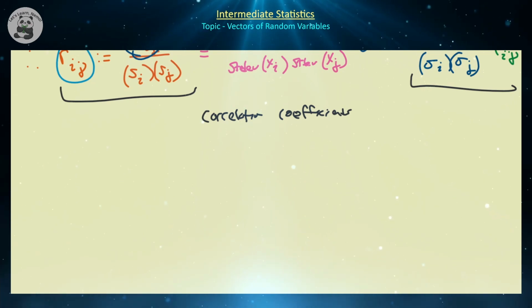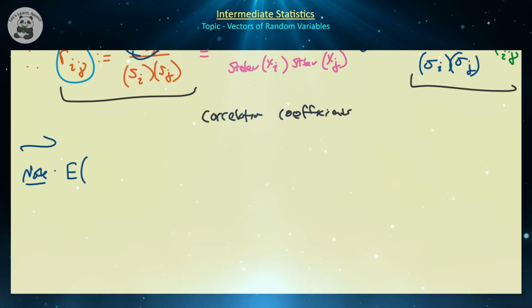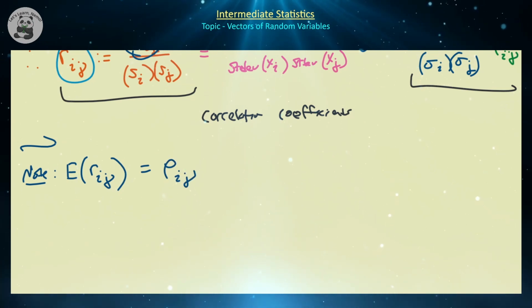Now, question. Is the expected value of the random variable Rij equal to rho ij? Is that true? Well, obviously, the covariances are unbiased estimators of each other. The variances are unbiased estimators of each other, but not the standard deviations. Keep that in mind. So is Rij an unbiased estimator for rho ij?